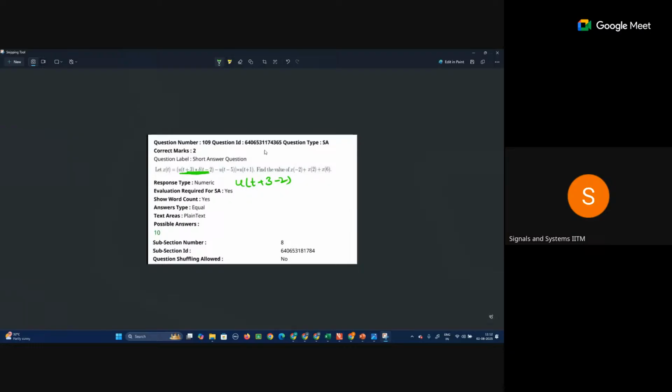Yes. Convolution of some signal with the delta of t will be x of t only, right? So we'll be getting u of t plus 3, and it is a shifted version of that. Here we'll be getting minus 2. Am I correct? Minus 2 plus 3, right? Not 3 plus 3 minus 2. Minus 2 plus 3 or plus 3 minus 2? Minus 2 plus 3.